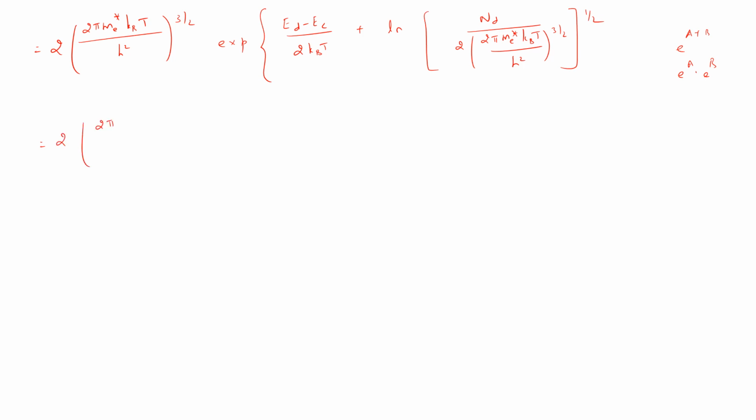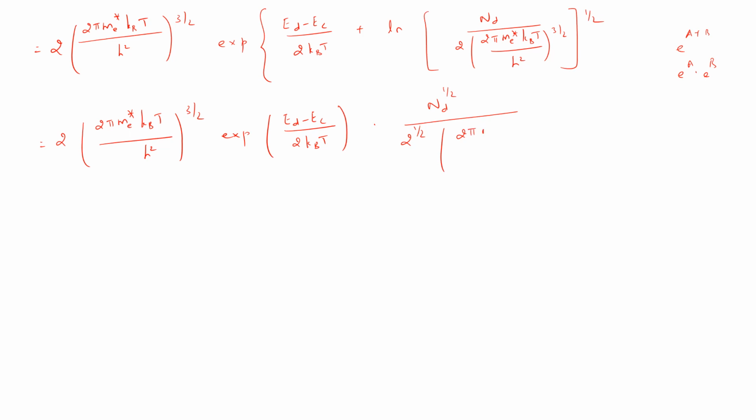What will I get? 2 into (2 pi me star kBT divided by h square) whole power 3 by 2, exponential of ED minus EC divided by 2 kBT, into exponential and ln will get cancelled. So ND power half, I am just bringing this power also inside: 2 power half (2 pi me star kBT divided by h square) whole power 3 by 4.